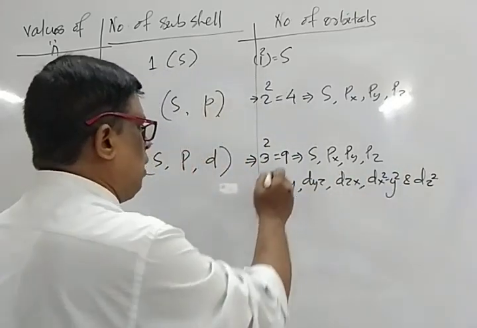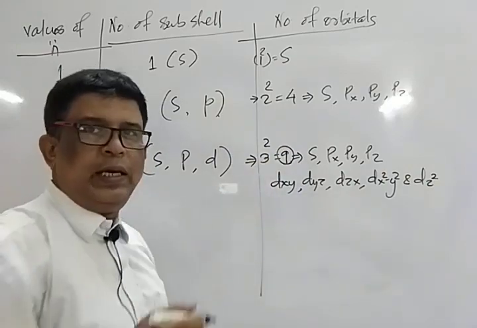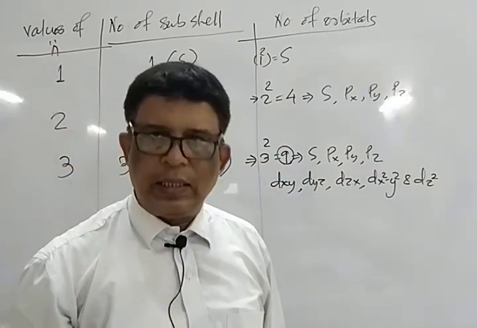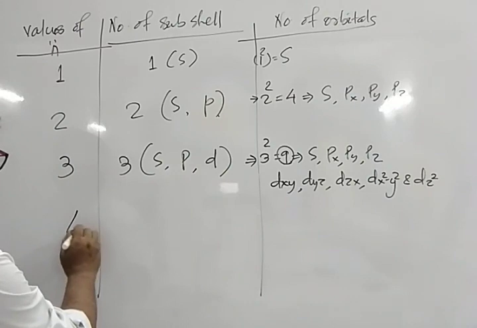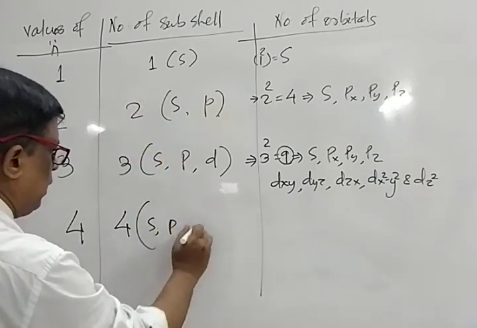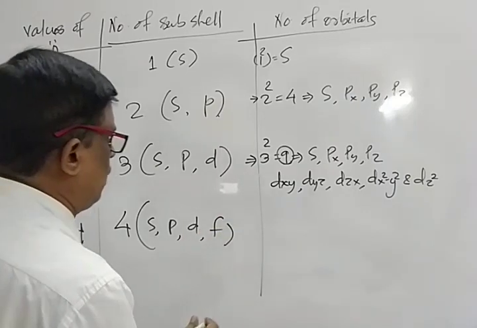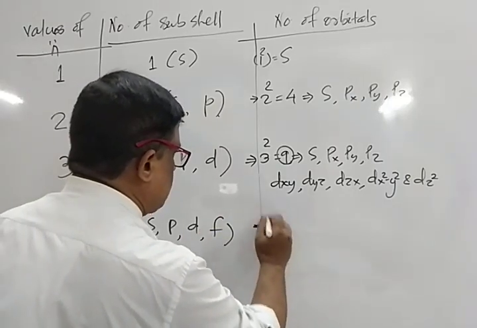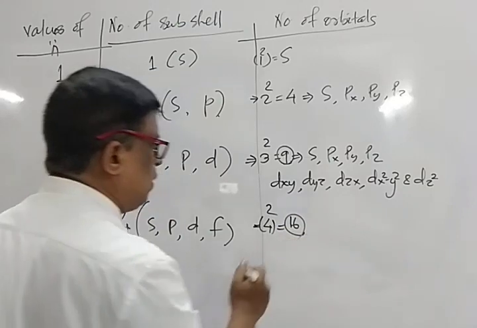Mark that. Total number of orbitals is n square, 3 square, that is 9. Similarly, in the fourth cell, the number of subcells is 4: S, P, D and F. That means it is 4 square, that means 16.